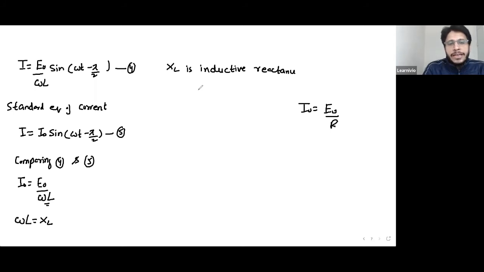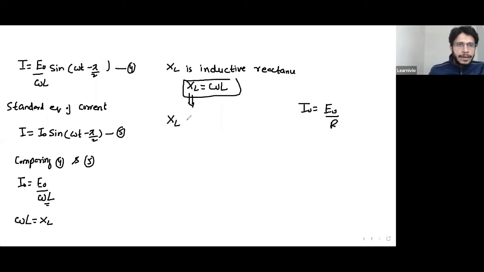No, we cannot write omega L equal to R. Your XL is equal to omega L. So physically, this XL represents the obstruction offered by the inductor in the flow of current.